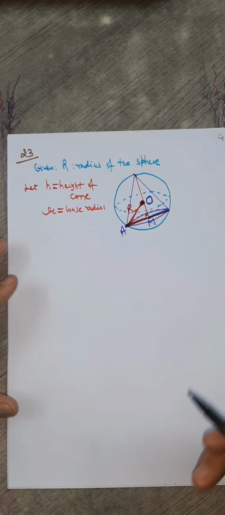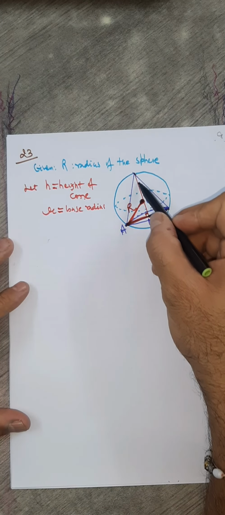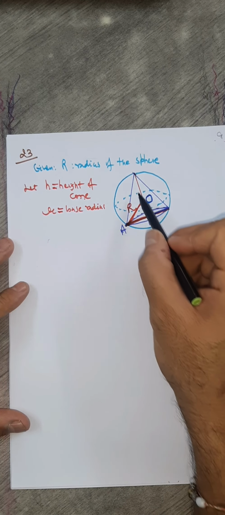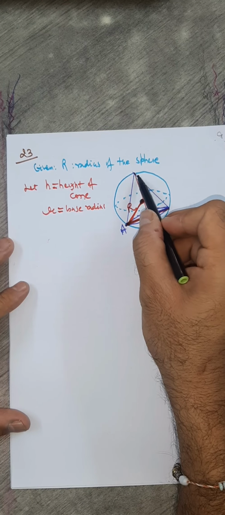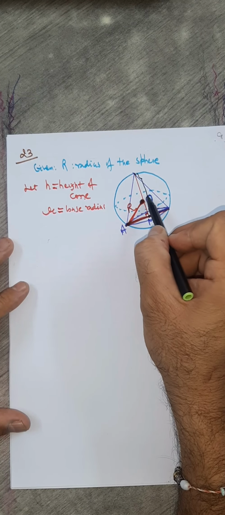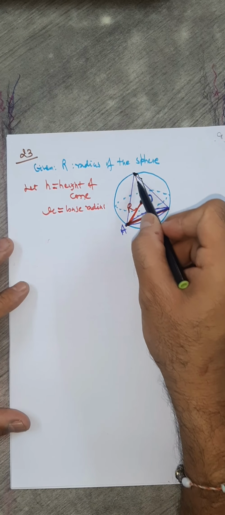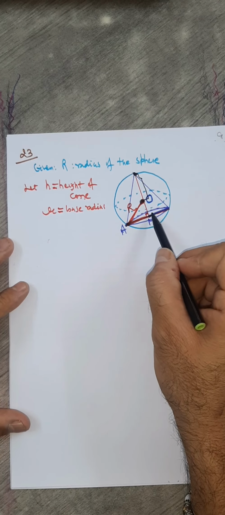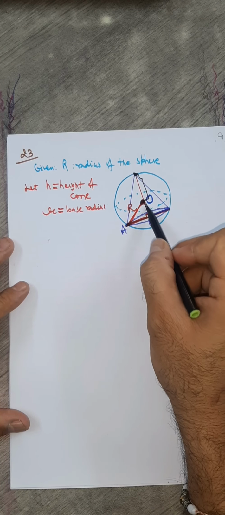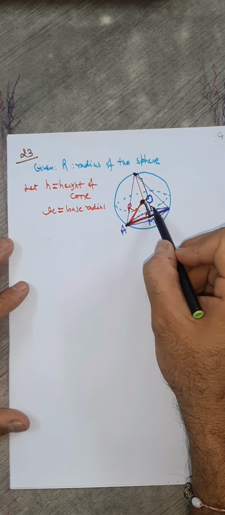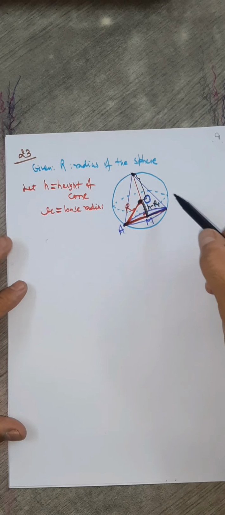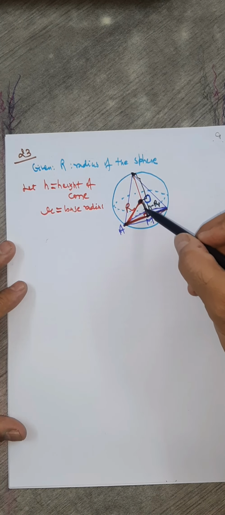Now see, this we have taken as H. What is this portion? One point on the sphere and the center of the sphere, so this is R. Total is H. So can you tell me OM? What is OM? OM is nothing but H minus big R. I'll repeat this. This is the total height of the cone.